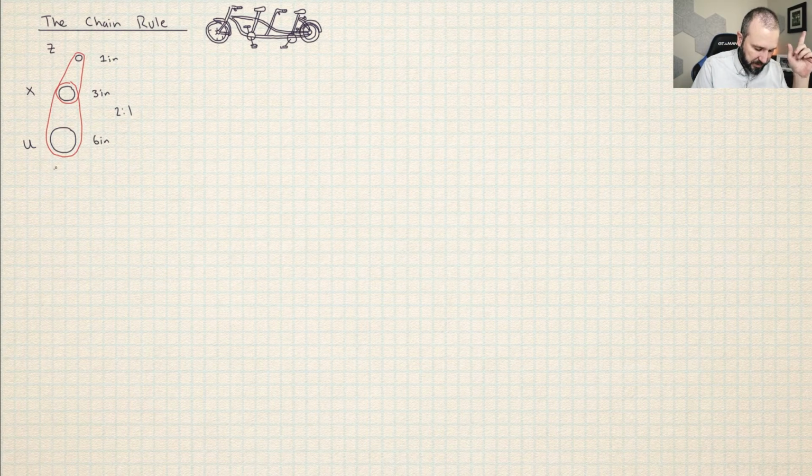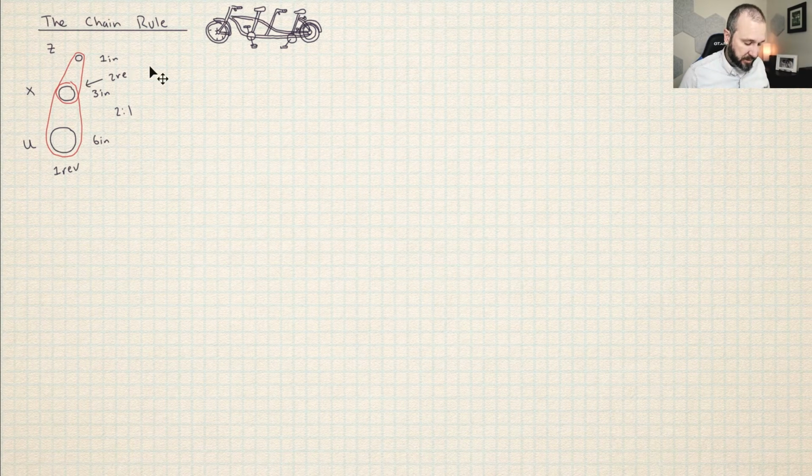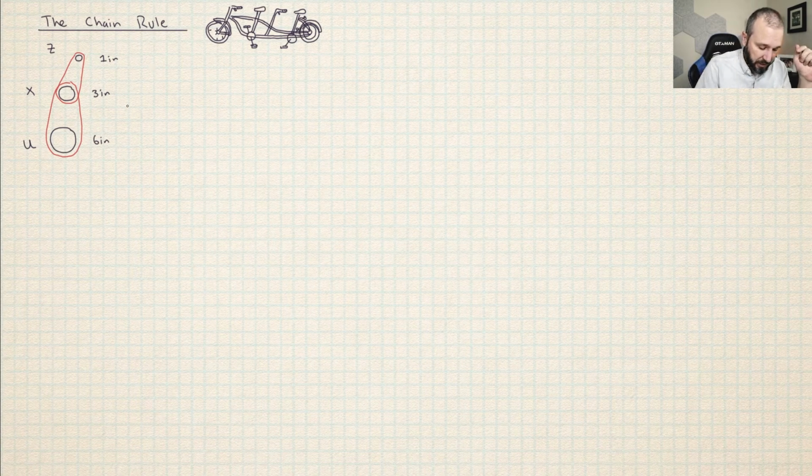What that means is that one revolution down here in U will cause 2 revolutions on the X sprocket. So each small change in U will have to be multiplied by 2 in order to calculate how much change there will be in X. In other words, 2 times du is equal to dx.